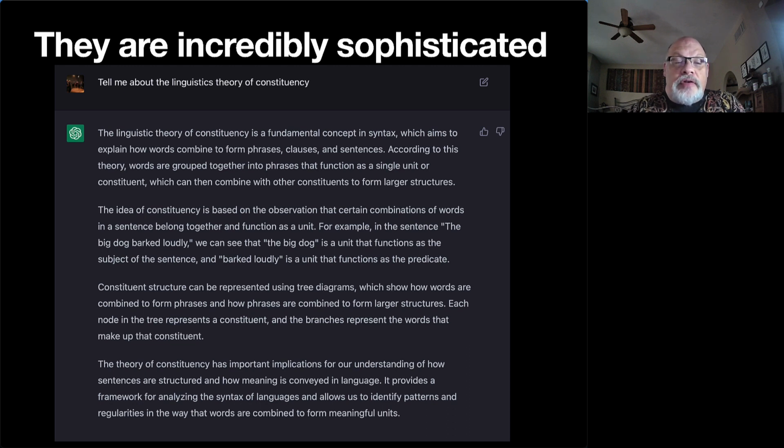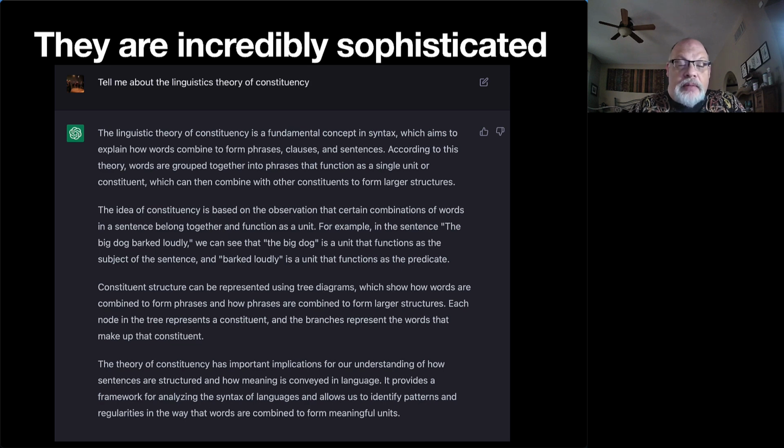According to this theory, words are grouped together into phrases that function as a single unit or constituent, which can then combine with other constituents to form larger structures. This is practically the definition that I gave in the textbook and in our videos.